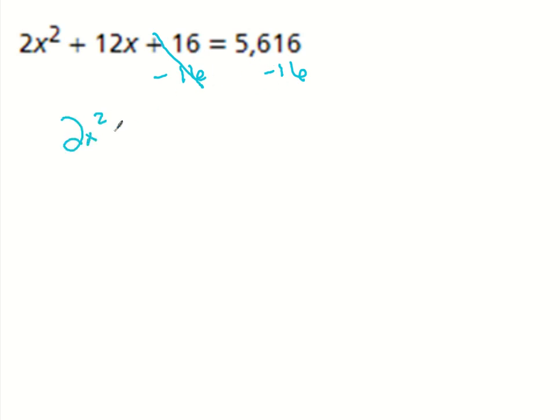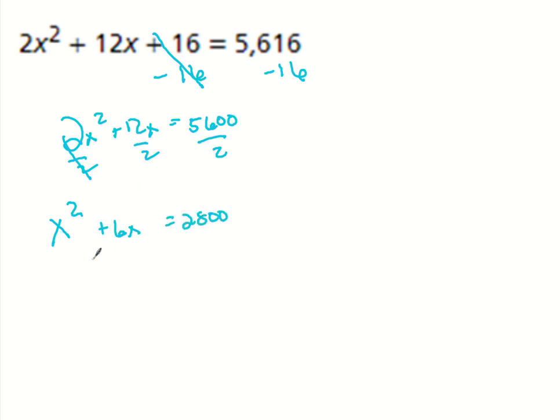So I have 2x squared plus 12x equals 5,600. Now, all of these are divisible by 2, so let's just divide everything by 2. So I have x squared plus 6x equals 2,800.